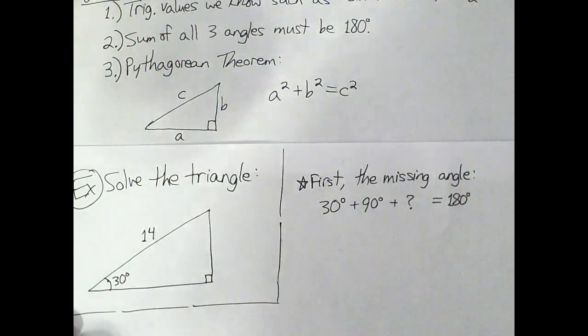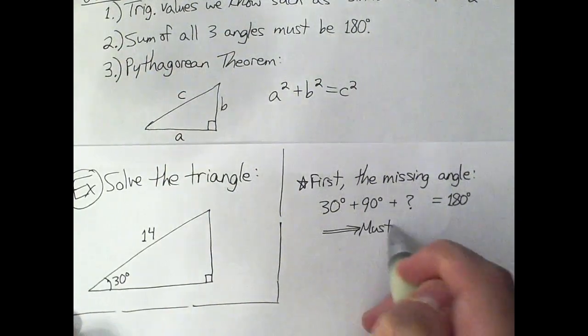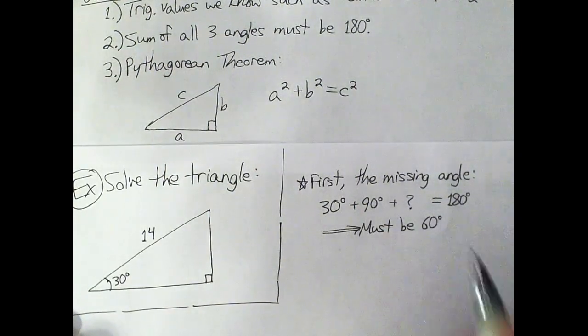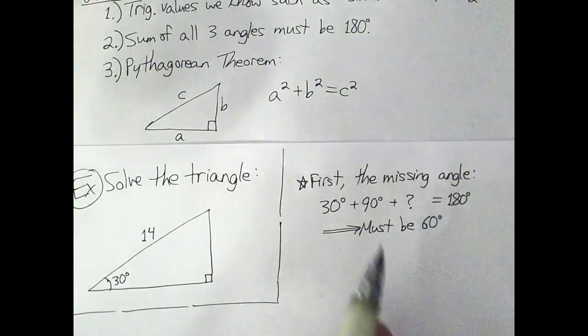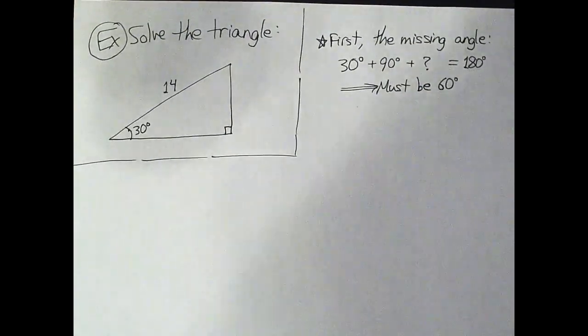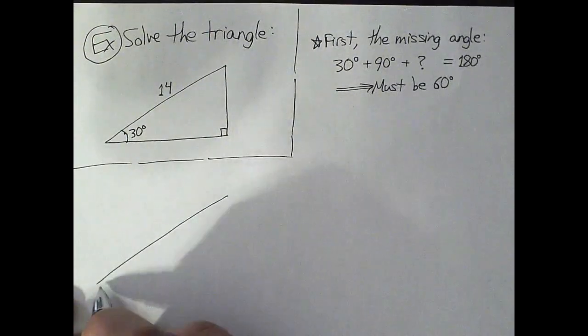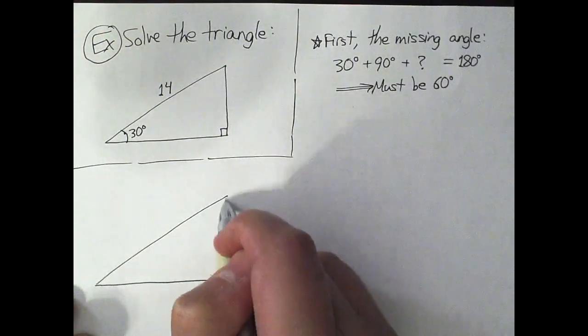So that means that this must be 60 degrees. That's the only thing that could go there that's going to make this add up to 180. All right, so maybe what we'll do is, how about this? Since we need to find all of the pieces of the triangle, how about we start labeling what we find, and I'll draw a separate picture.